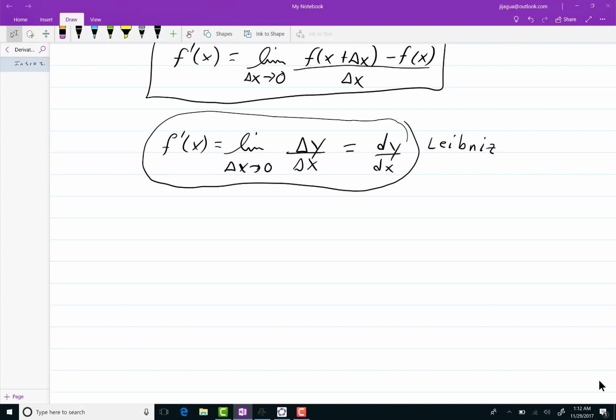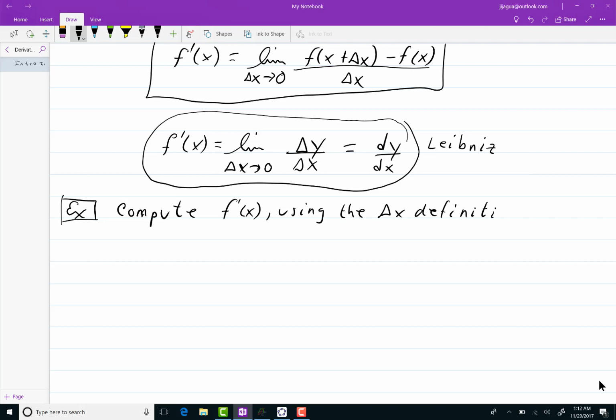So, as an example, compute f prime of x using the delta x definition for f of x equals x squared plus x plus 1.